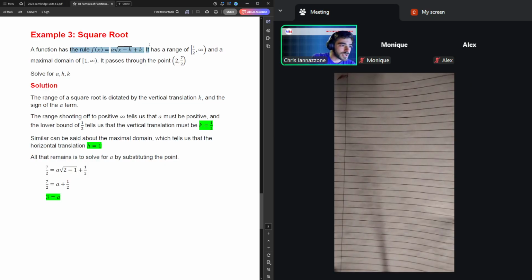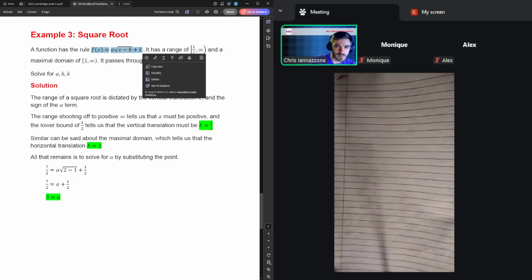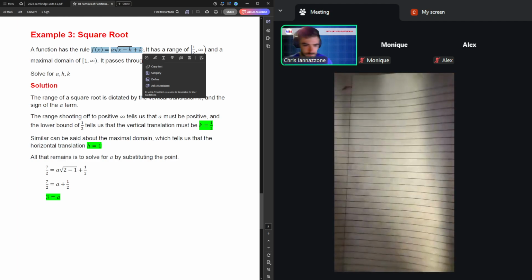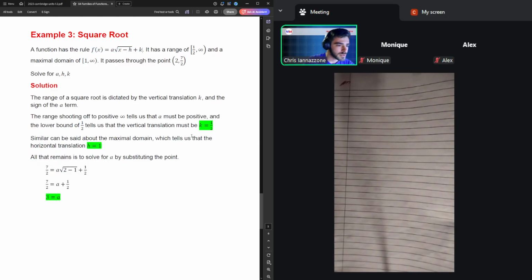If it says find the rule of the function, more specifically, don't just give the letters. You then also have to rewrite this entire thing at the very end with those actual numbers. And that'll be the only way you can actually answer the question properly. You won't get full marks for just giving the k, h, a.